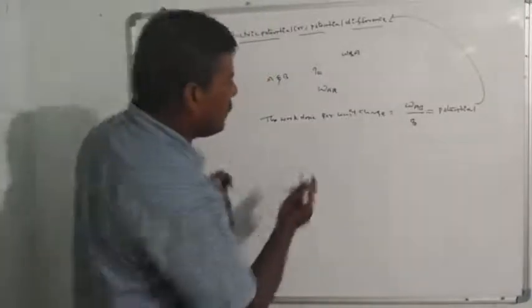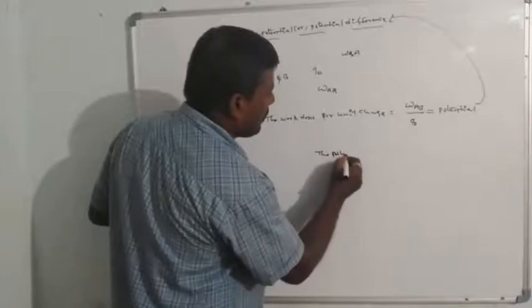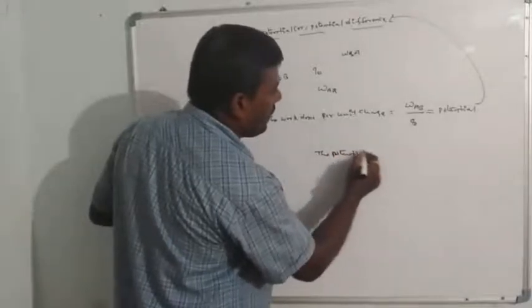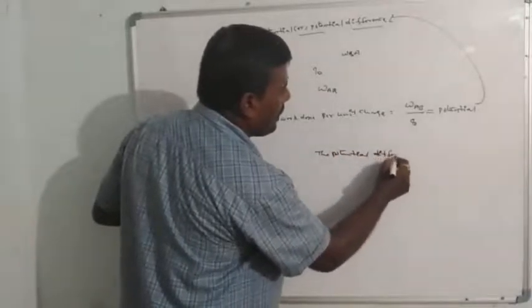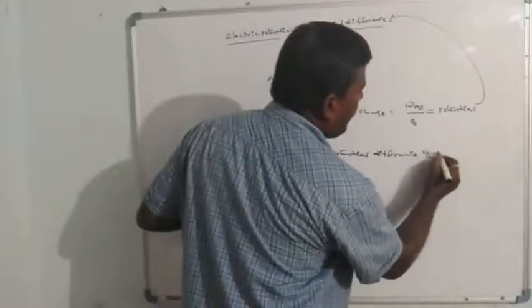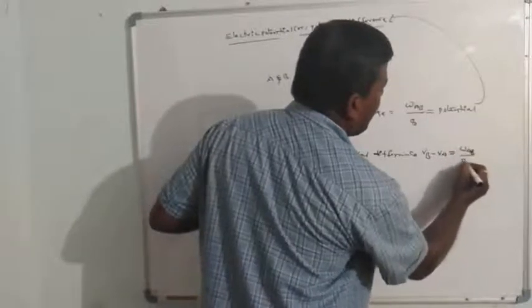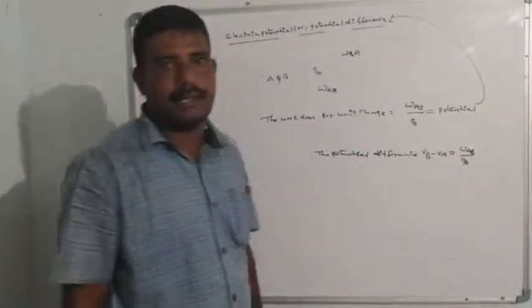That means the potential difference VB minus VA equals the work done by the test charge.